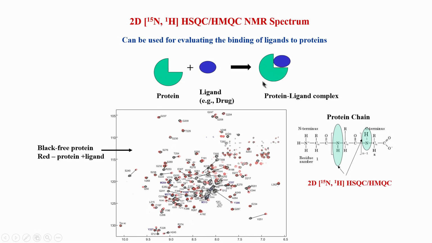So, the residues at the interface are expected to be most affected, and those are the ones which moved substantially. Therefore, by simply titrating the ligand into the protein in this HSQC experiment, we are able to find out which amino acids have shifted, which are binding or located at the binding interface with the ligand.